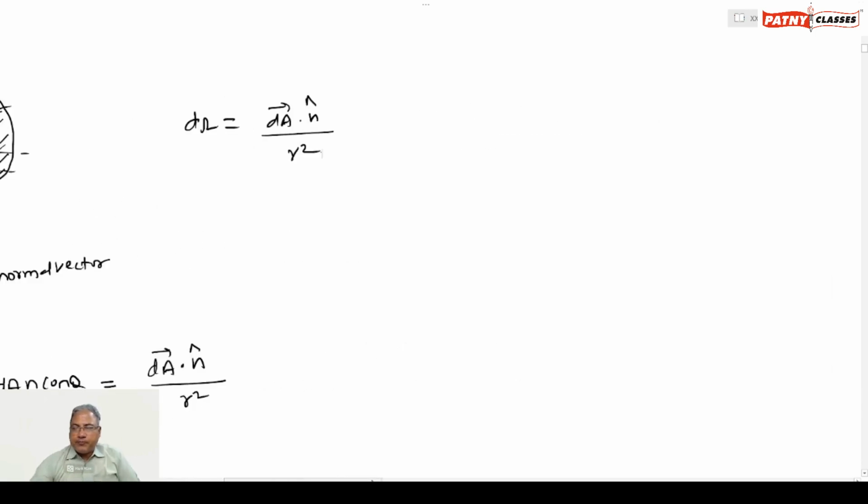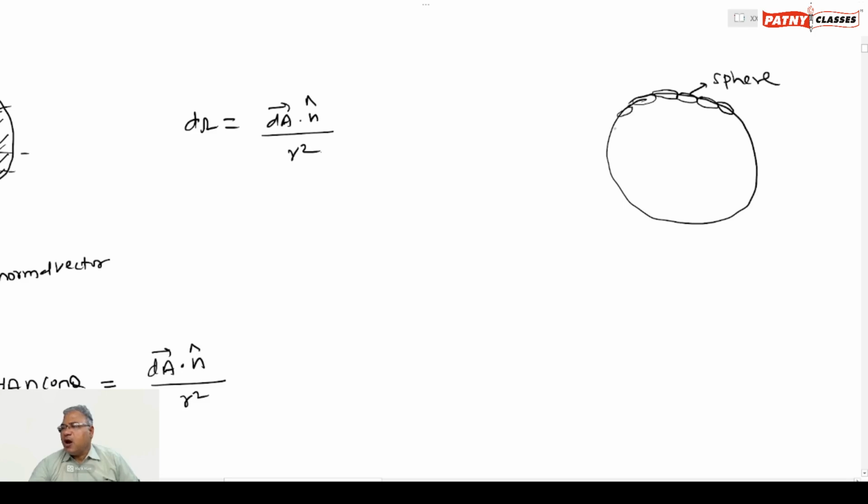Now suppose I consider a complete spherical body. This is a sphere, not a circle. So when you consider the sphere, now let us consider small surfaces, many small surfaces. So the entire sphere has a large number of small surfaces like this.